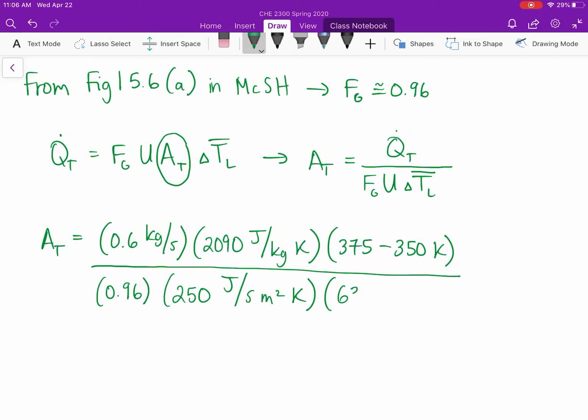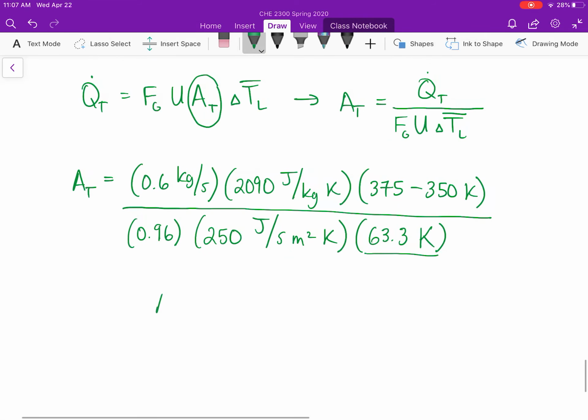We calculated this because, again, this is the same example problem we did in the last lecture. The entering and exiting temperatures of the hot and cold stream are not changing. Therefore, the log mean temperature difference of our heat exchanger is the same as the last problem, which we determined to be 63.3 Kelvin.